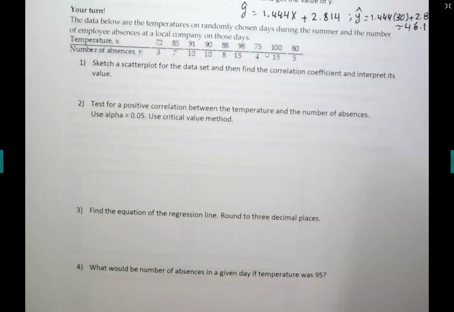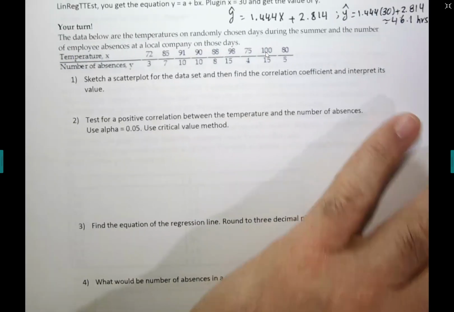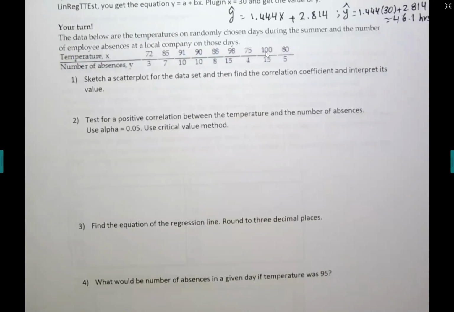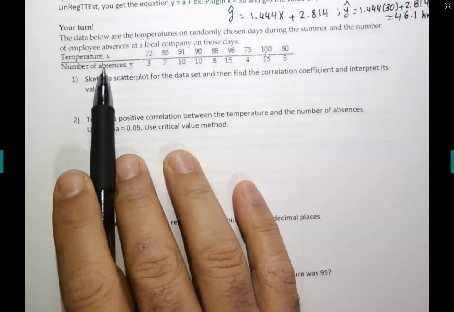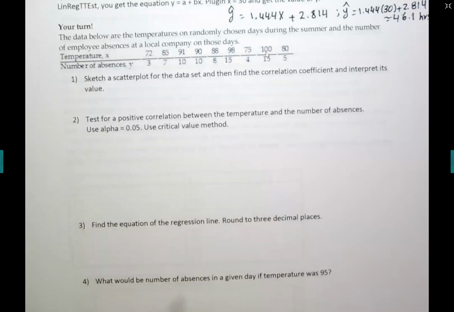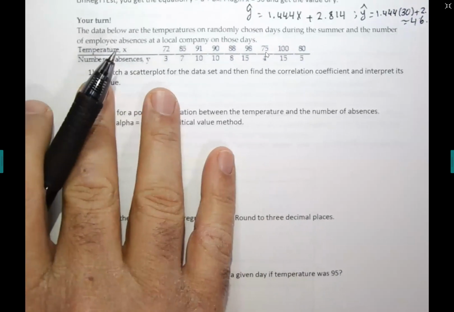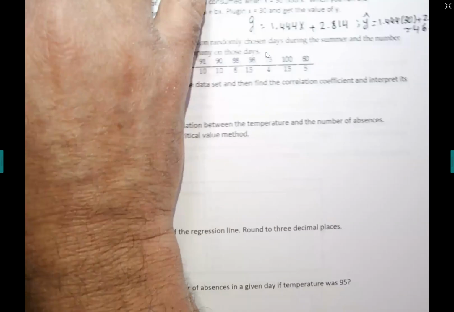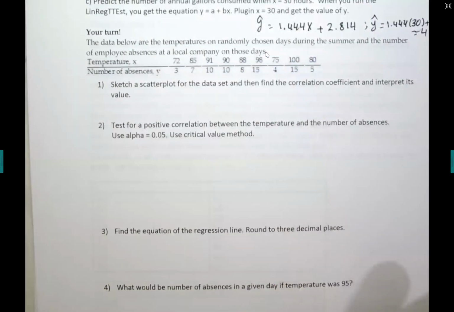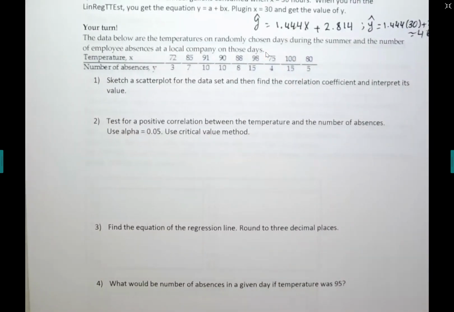Now, guys, I would like you to go to L1 and L2 and type in the data, temperature, and number of absences. That's your turn. We're going to do this exercise and we will be done. So I'll pause for a minute or so.